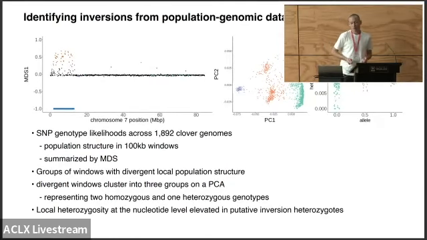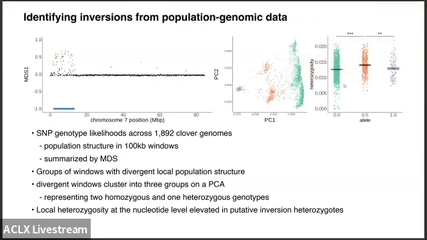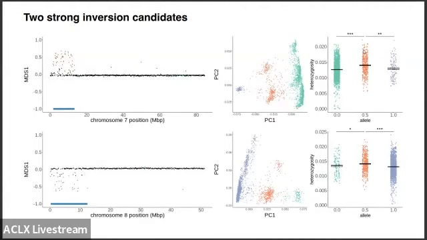And then finally, we'd expect that the average local heterozygosity at the nucleotide level would be elevated in the putative inversion heterozygotes, so higher heterozygosity in our putative heterozygotes compared to the homozygous classes. And across the clover genome, we found 2 regions that ticked all of these boxes on chromosome 7 and chromosome 8. So 2 strong inversion candidates.